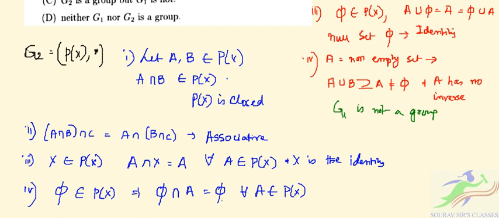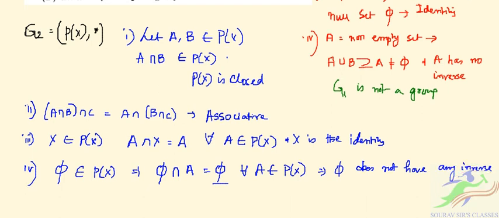So from here you can see that phi does not have any inverse. So we can say that P(X) with star, that is G2, is not a group.